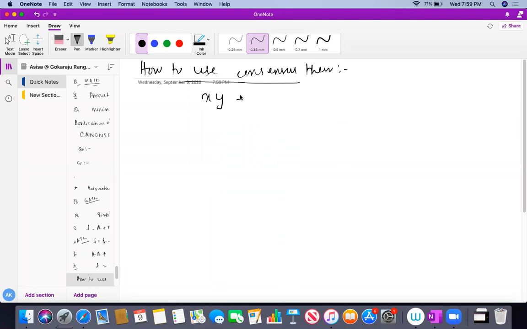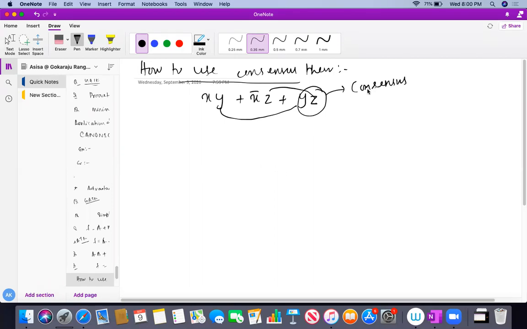XY, X bar Z: if the second literal of the first term Y and the second literal of the second term Z is present as a third term, then this will act as a consensus term, or you can also say this is the redundant term. We don't use that term over here. You have to drop it out. So this actually finally is XY, X bar Z.